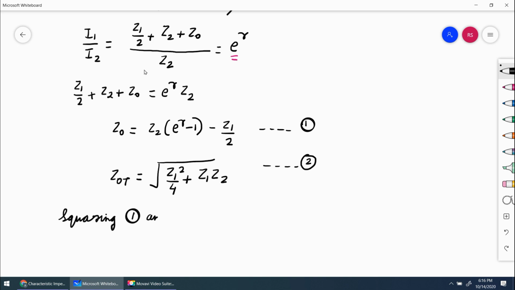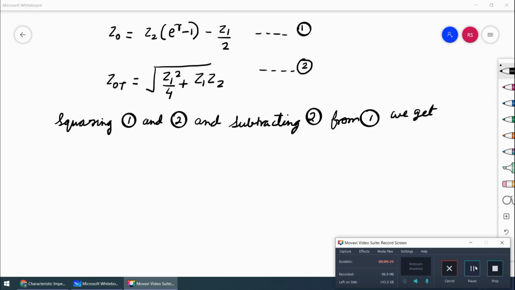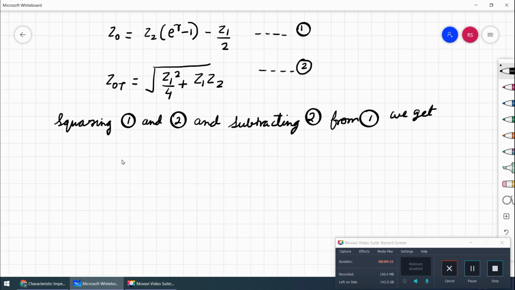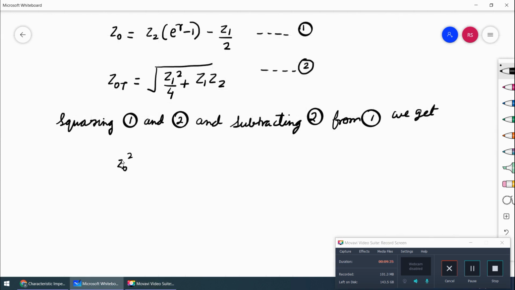First we'll do squaring of 1, in which I can write Z0 square is equal to Z2 square, e to the gamma minus 1, the whole square, minus twice Z2 e to the power gamma minus 1 into Z1 by 2, plus Z1 square by 4.